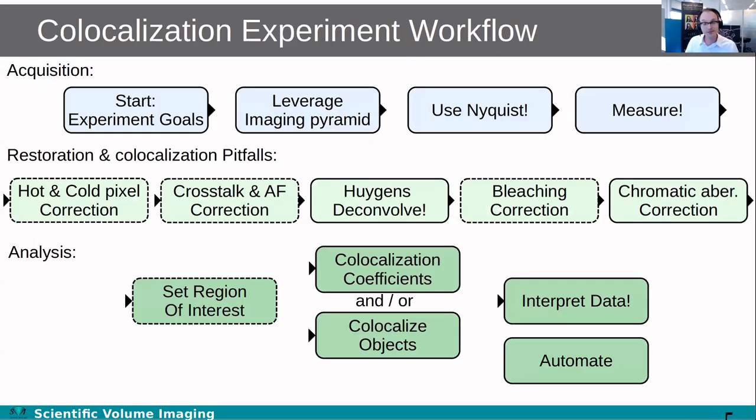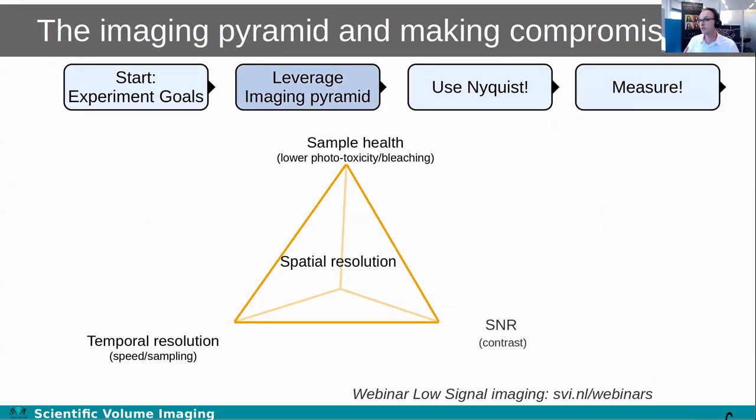Okay, so like I mentioned, we'll be going from acquisition to restoration and colocalization pitfalls to analysis. And so when you start a colocalization experiment, you start out with some experimental goal in mind, right? You typically want to learn something about the biological system that you're studying.